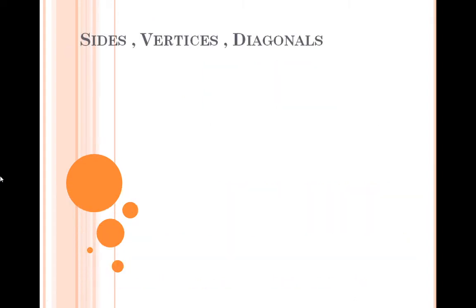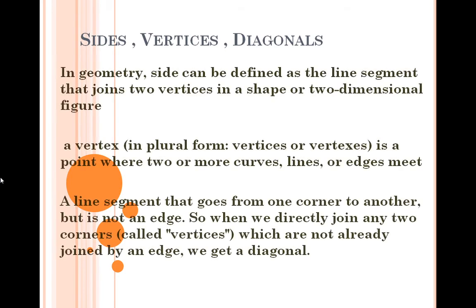Sides, vertices and diagonals. In geometry, a side can be defined as the line segment that joins two vertices in a shape or two-dimensional figure. That means, with the help of sides we can draw any shape.